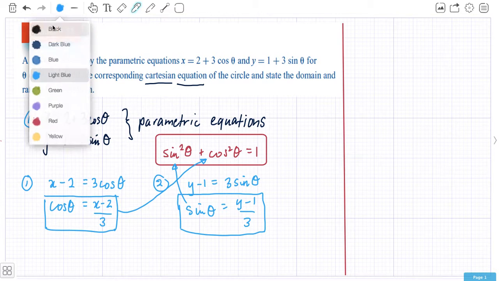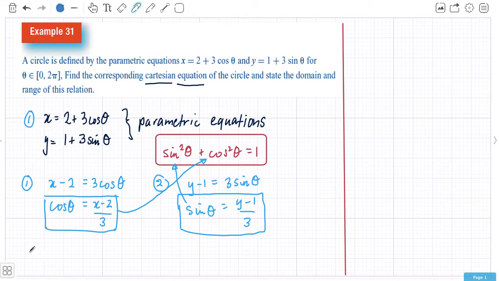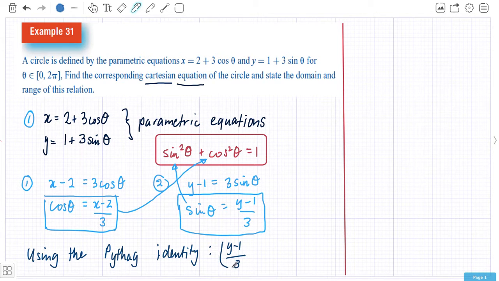So I'll put on my next line, using the Pythag identity, we have sine theta, which is (y minus 1) on 3, sine theta squared, plus cos theta, which is (x minus 2) on 3, cos theta squared, equals 1.